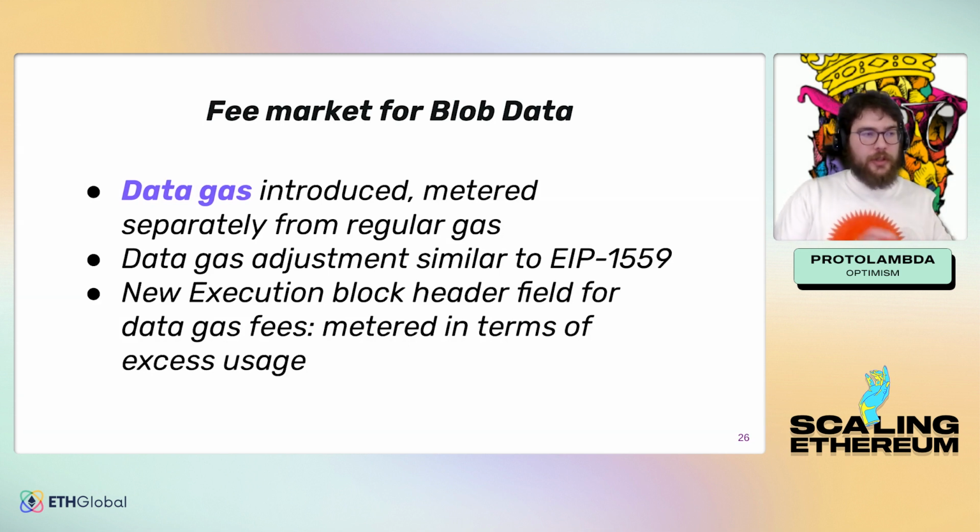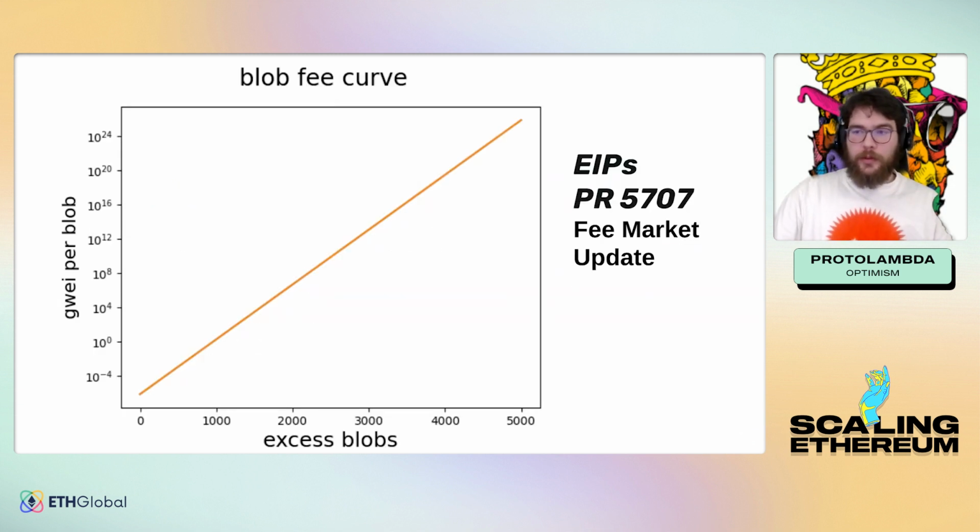It could just be more discrete, and you could say, oh, there's this much gas that's being utilized over the expected amount. And so what this looks like is that the more excess there is, the higher the price goes. And note the y-axis here, it's a logarithmic y-axis. And so exponentially, the cost goes up if there's more excess usage. And so it balances itself out.